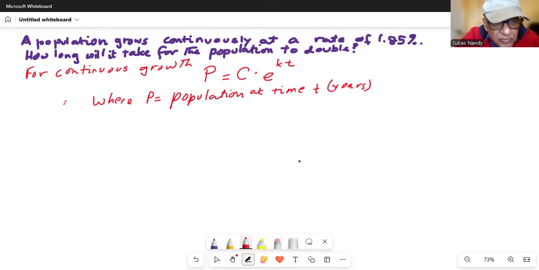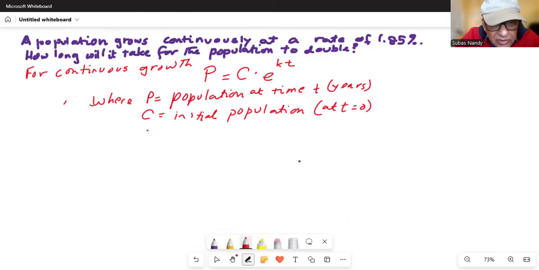C is the initial population at t equal to 0, and K is the population growth rate, and it is expressed in decimal.